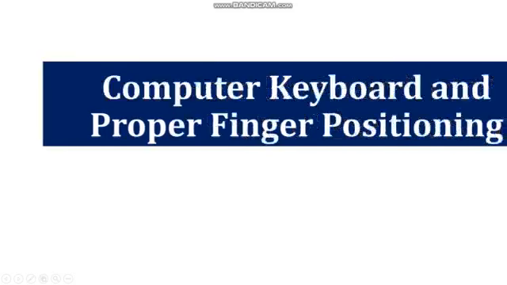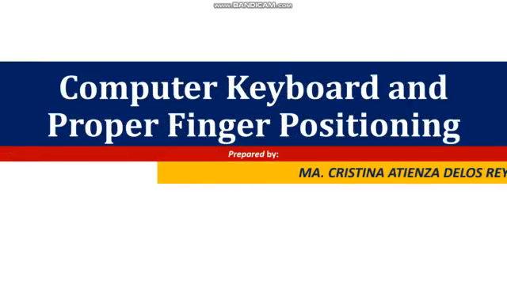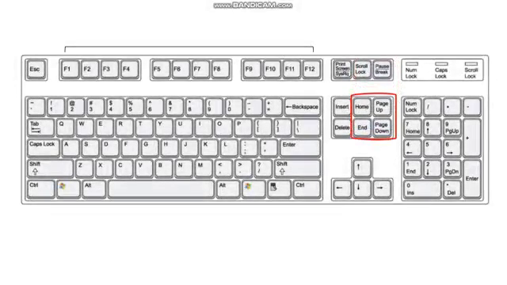So this PPT is on the computer keyboard and proper finger positioning. Now, this is our keyboard and see, हमने कल पढ़ा कि these all are the home keys, है ना?